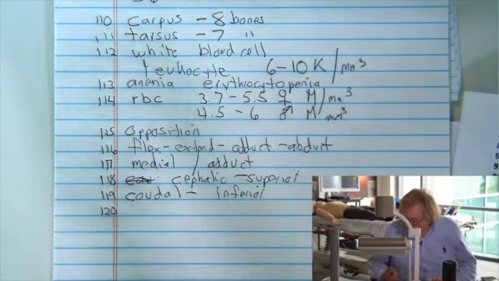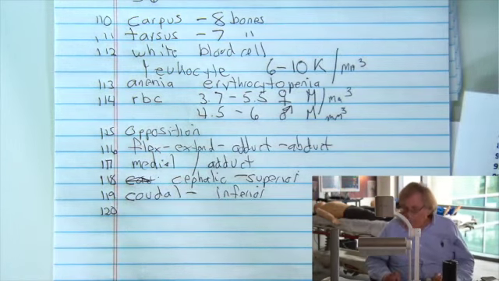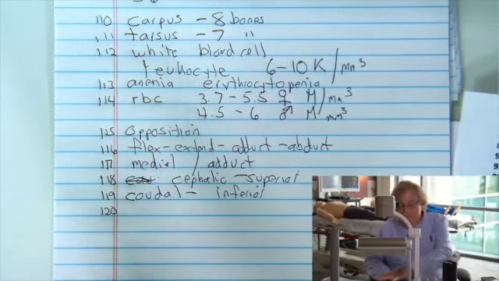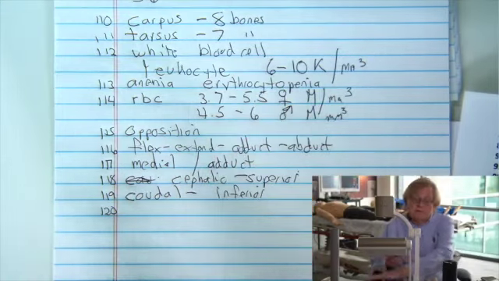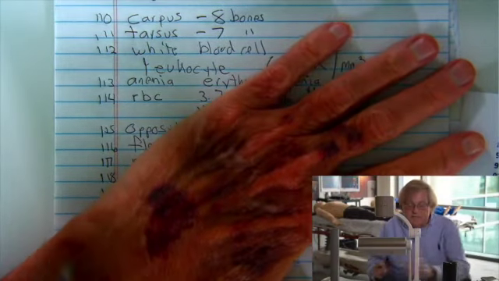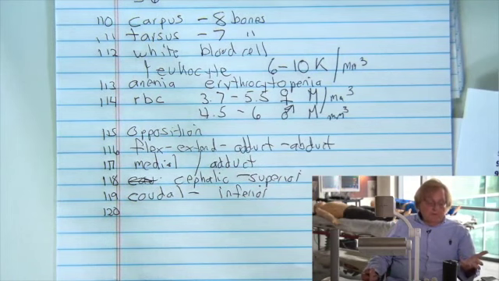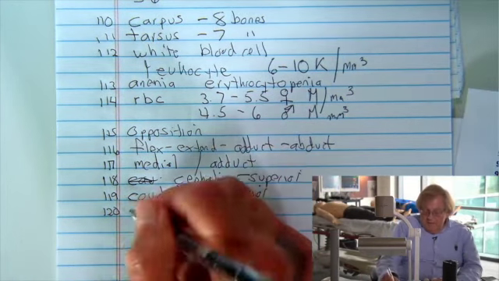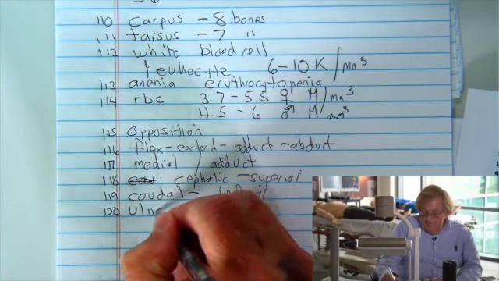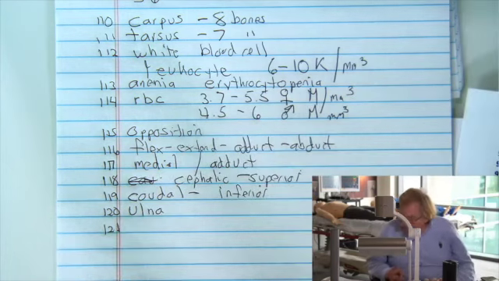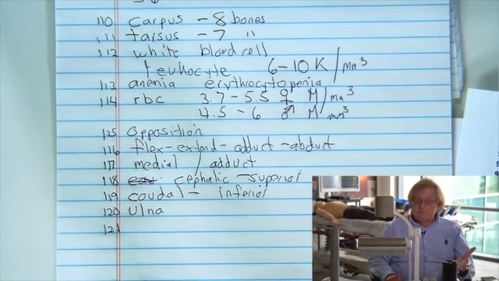120. 120 says digiti minimi forearm bone. If you look at your digiti minimi or your little finger and you trace it back, you'll see that the forearm bone below the little finger is going to be the ulna. 121, it says the pollex forearm bone. Well, pollex is your thumb.